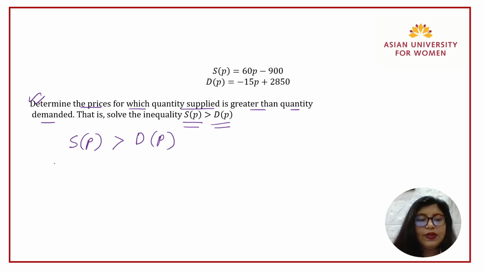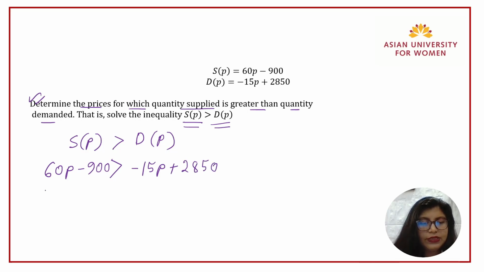The supply function is written 60p minus 900. It's greater than minus 15p plus 2850, right? Now 60p is here. The minus 15p, which is on the right hand side, we will take to the left hand side, and it will be plus 15p.